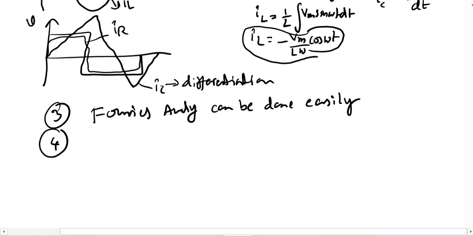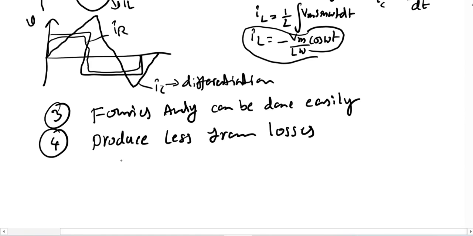The next point is, if you use this sinusoidal signal, it is going to produce less iron losses. This is another point we need to understand. Iron losses are nothing but a combination of hysteresis losses and eddy current losses. Hysteresis loss is directly proportional to frequency and eddy current loss is directly proportional to the square of the frequency. If you use a sine wave, only the fundamental frequency is available.